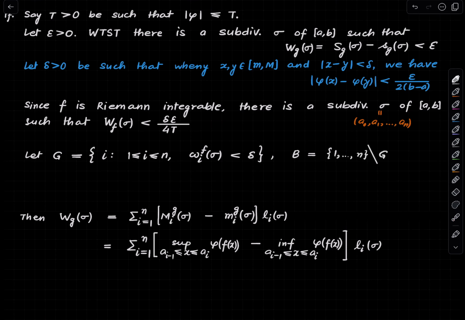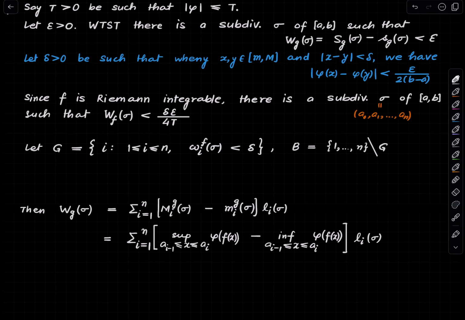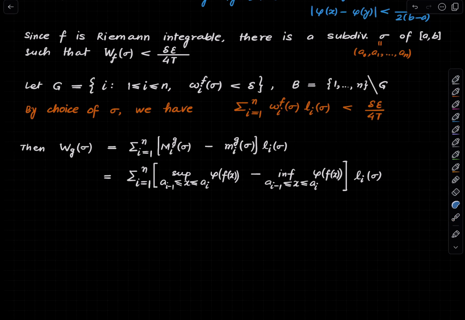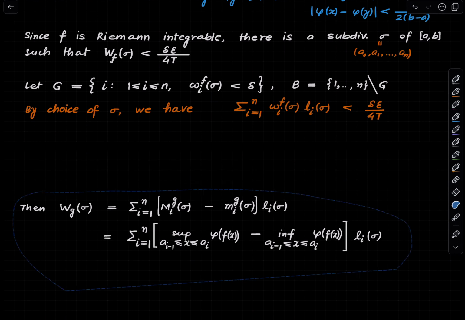Okay. And now what do we know? We know, by the choice of sigma, that the sum is less than delta epsilon by 4t. That thing, we have that. So what do we get?